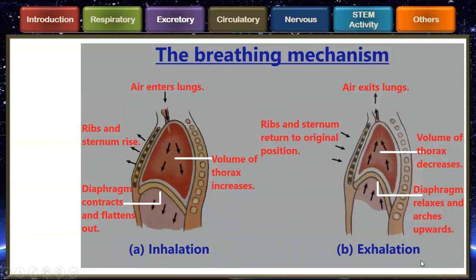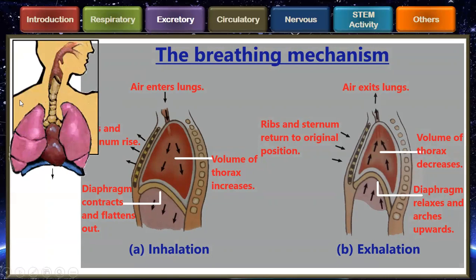Exhalation is when you breathe out air. Air exits the lungs and the volume of the thorax, or your chest, becomes smaller. The diaphragm relaxes and arches upwards. This happens when you exhale. This is a perfect illustration of that.